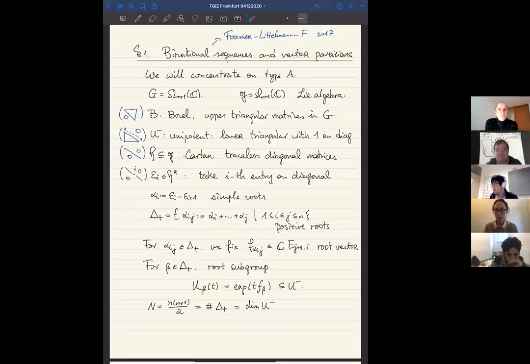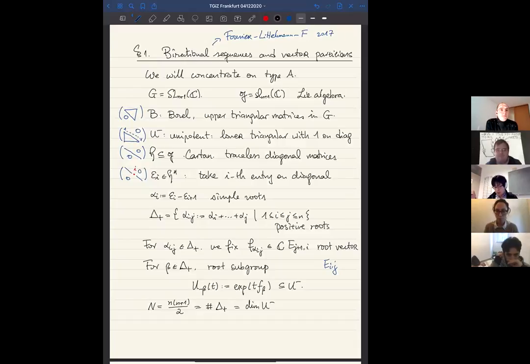So for a fixed alpha_ij, a positive root, I will choose a root vector, f_alpha_ij. It is in the vector space generated by this matrix entry. Here, this E_ij, these are the elementary matrices. These are matrices almost everywhere 0. There's only a 1 on the ij entry.